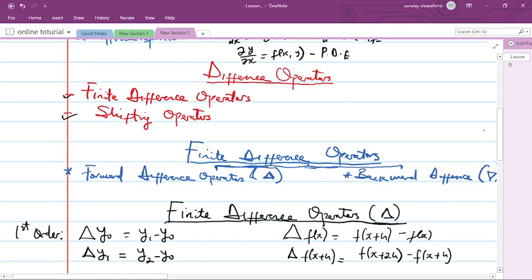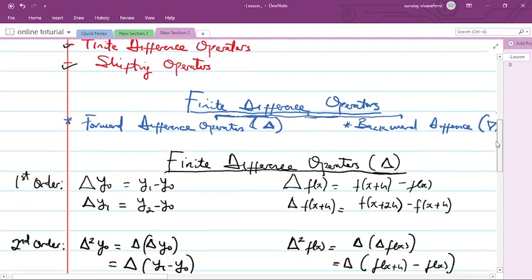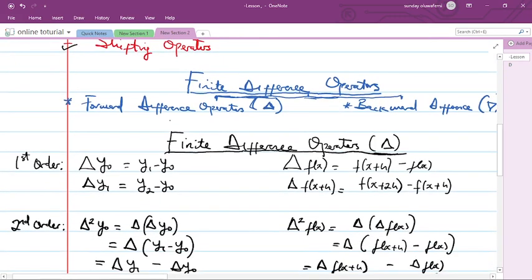For finite difference operators, we have two types. We have the forward difference operators, you can see the symbol as this, and we also have the backward difference operators.